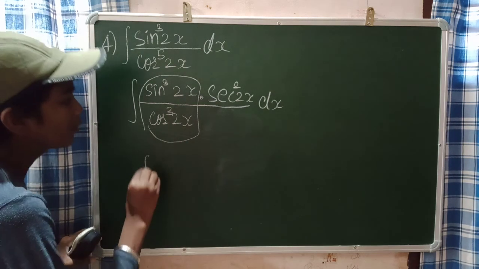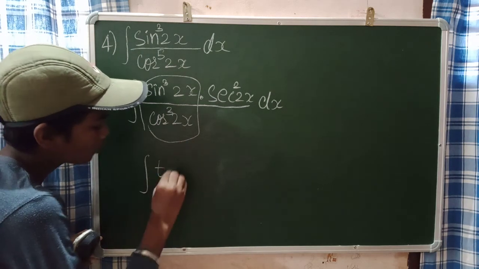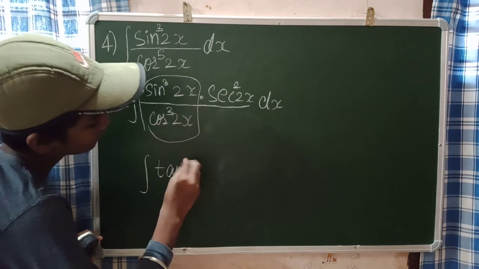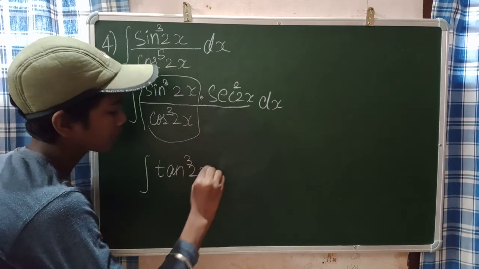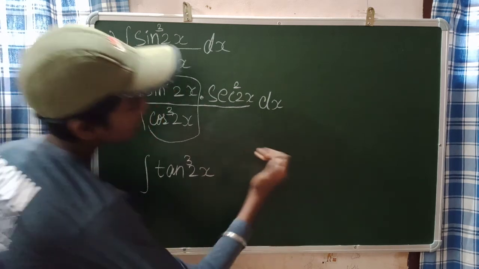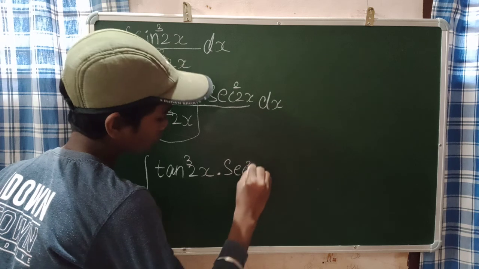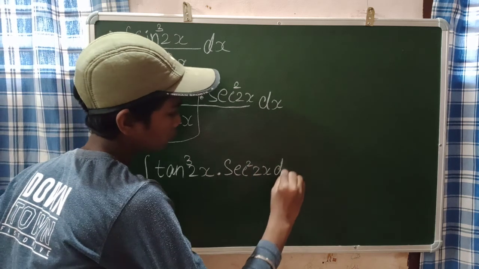So it is tan cube of 2x, then into secant square of 2x dx.